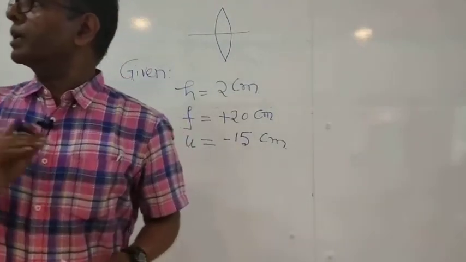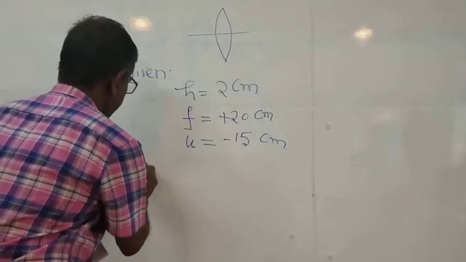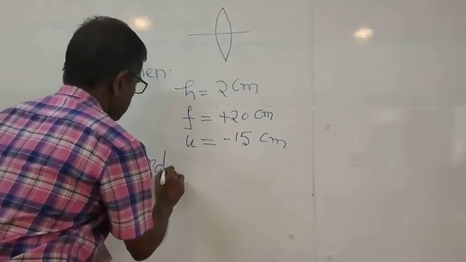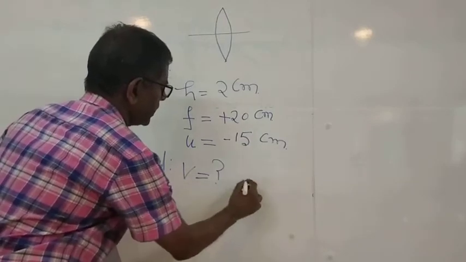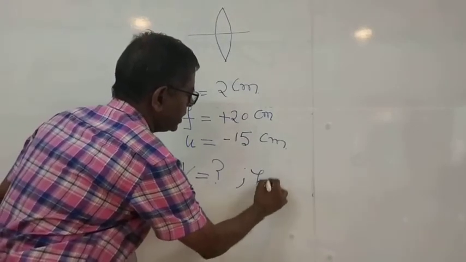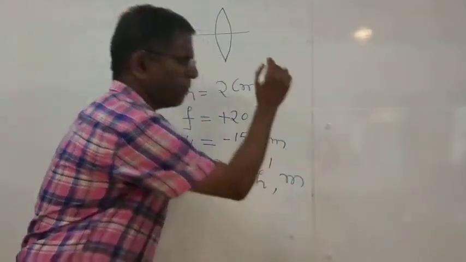These parameters are given. What you have to find out is V, then H prime, and then M.